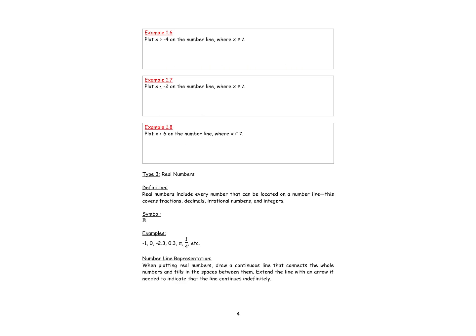Example 1.6 asks us to plot x is greater than -4 on the number line where x is an element of Z. To begin, I draw my number line, I pop 0 in the center, and then I write my numbers up along the number line. On this one, we're plotting x is greater than -4.